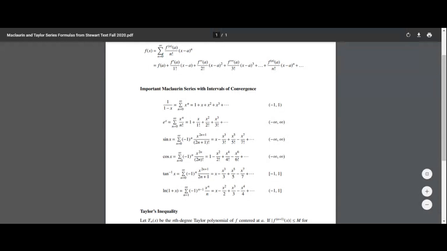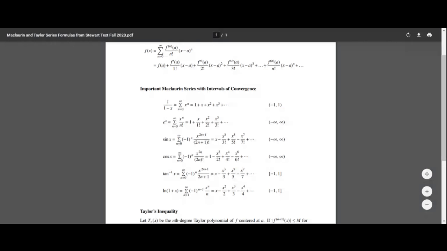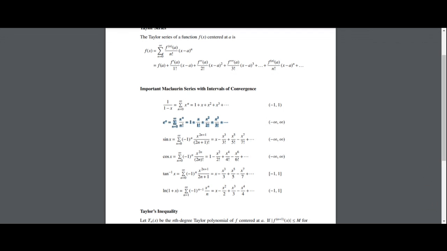So what they're doing is, where are they getting these Taylor polynomials from? Well, here's the formula right here. This is the Taylor series, or Maclaurin series because a equals 0. This is the Maclaurin series for e to the x power.